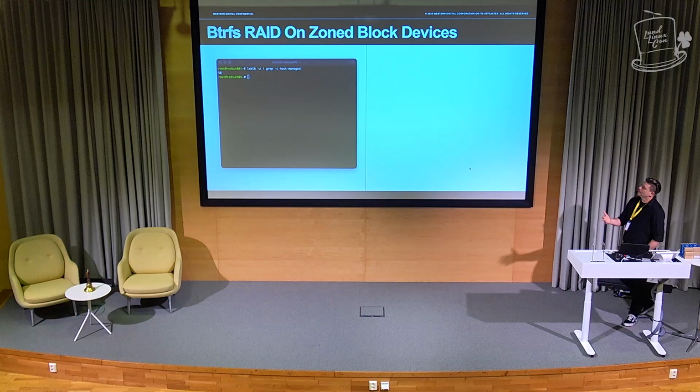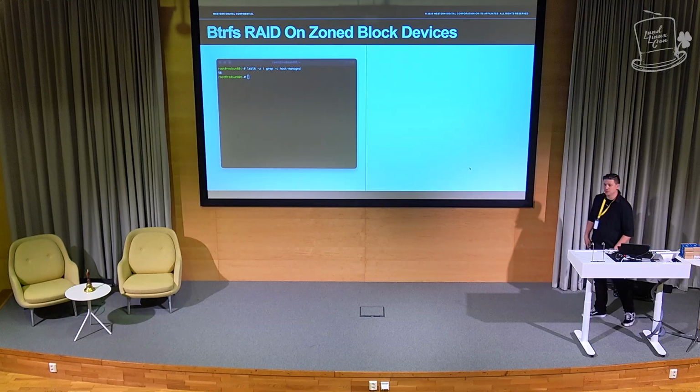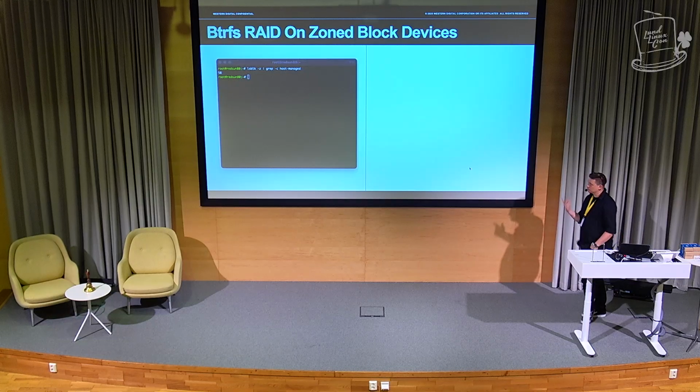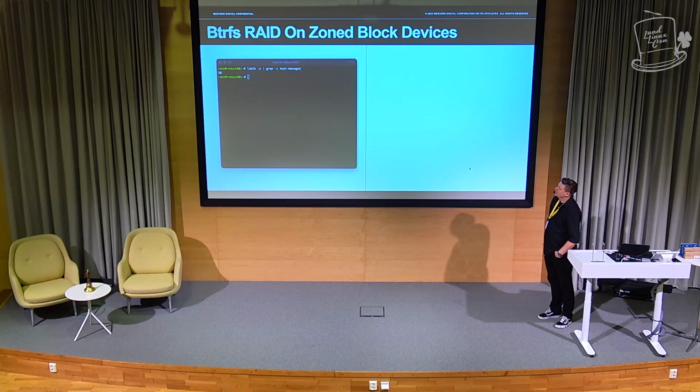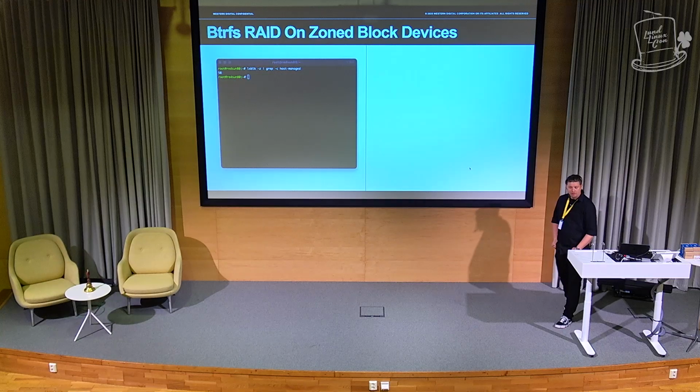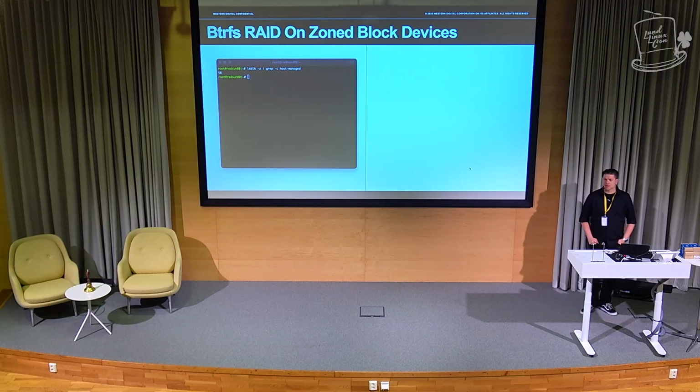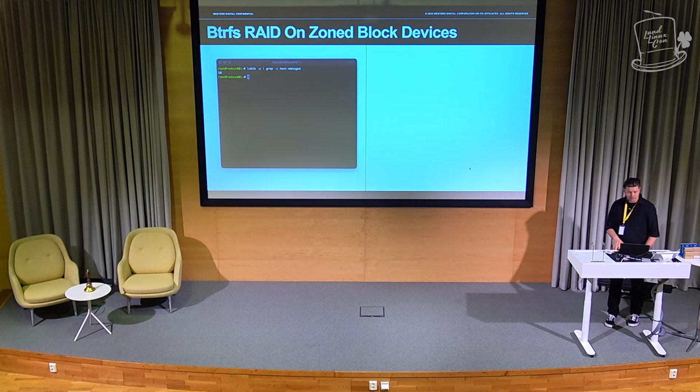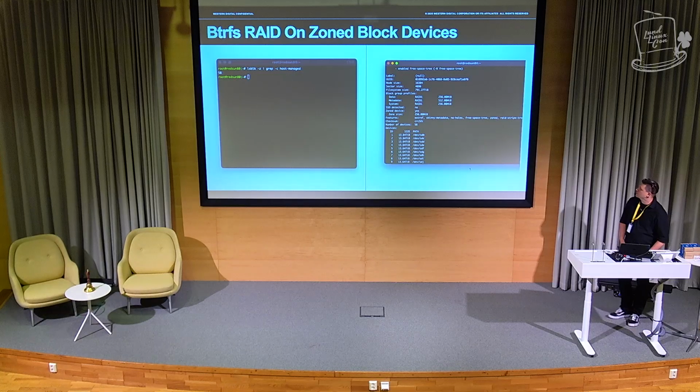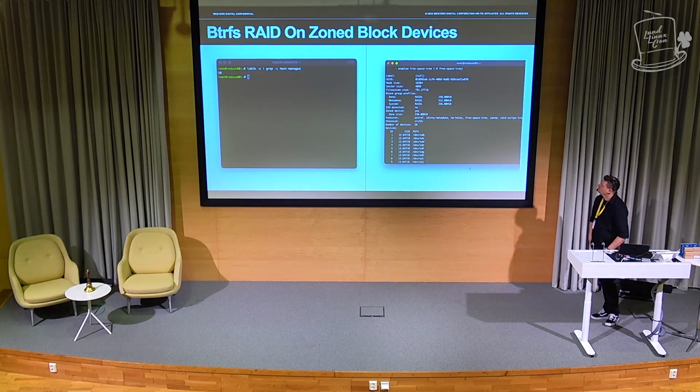As a reason why we might want to do zone block device RAIDs on a host: that particular host in our lab has 58 drives, I think 16 terabyte drives. So a mkfs.btrfs will give you a whopping 800 terabyte file system, and that's not even the big drives.